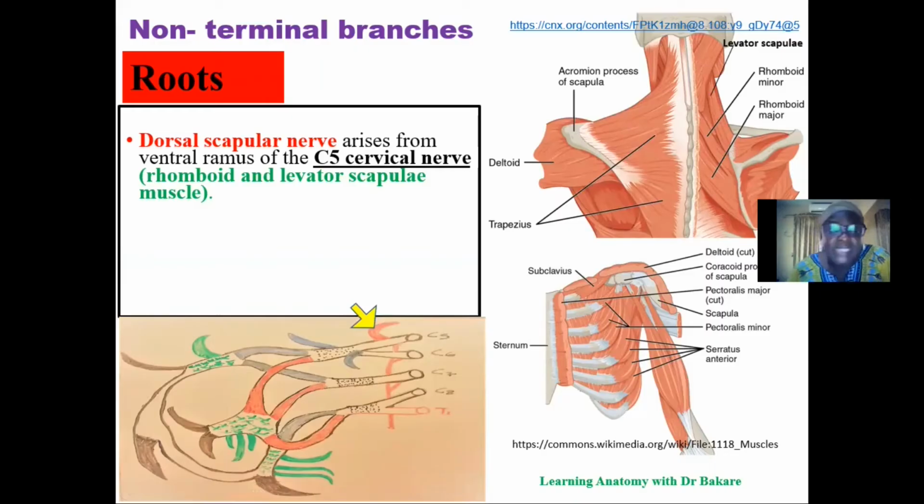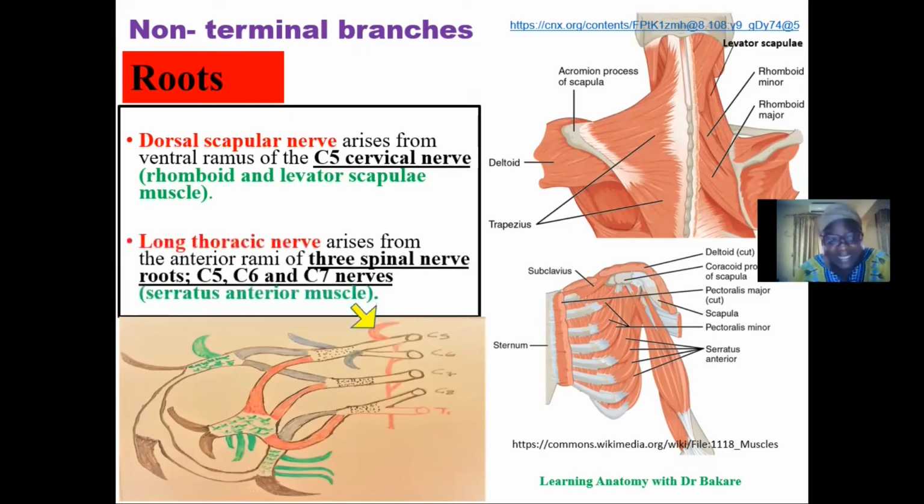Another nerve that emerges from the root of the brachial plexus is the long thoracic nerve. From the name, it's a long nerve that emerges from the anterior rami of the upper three cervical spinal nerves that constitute the root of the brachial plexus, that is C5, C6 and C7.